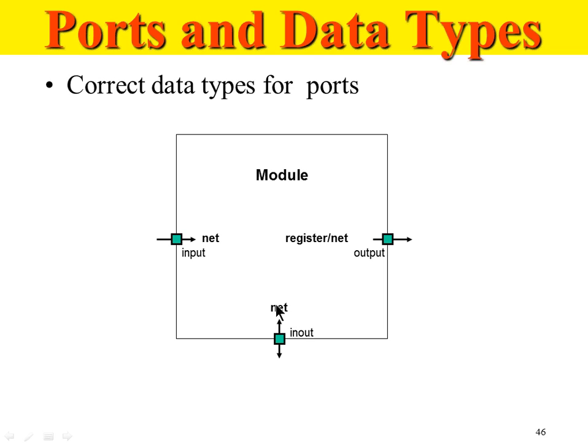Now an in-out port by default is always a net data type. So these are implicit data types. By default, any input port will be a net, any in-out port will also be a net, and any output port by default will be a net. If you are going to assign it inside the always block, you have to declare an additional register for it.